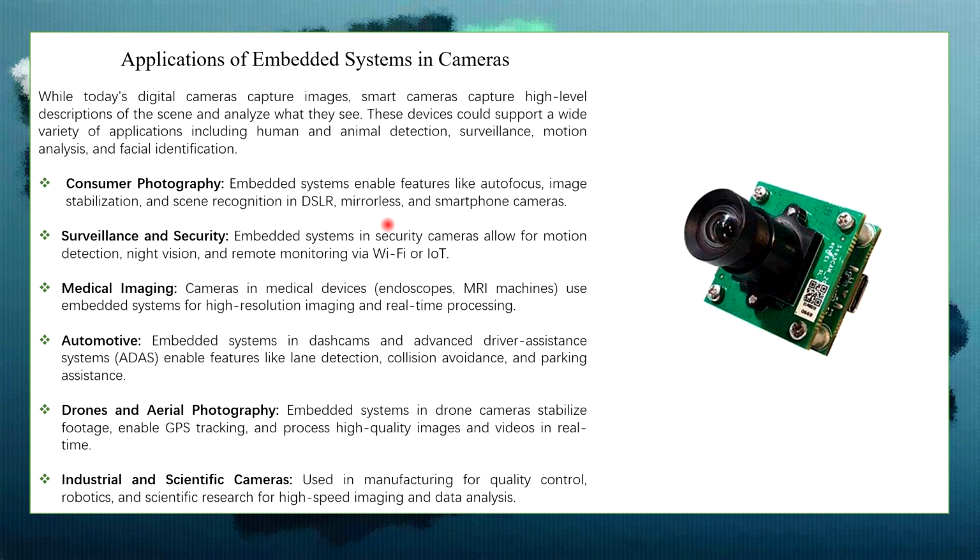Embedded systems in drone cameras stabilize footage, enable GPS tracking, and process high-quality images and videos in real time. Industrial and scientific cameras are used in manufacturing for quality control, robotics, and scientific research for high-speed imaging and data analysis.